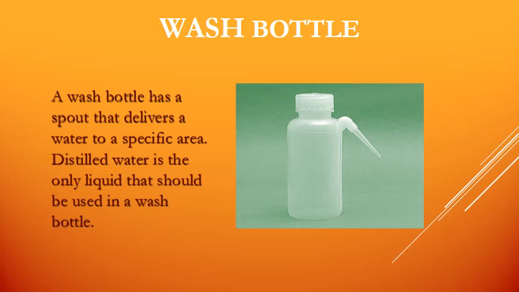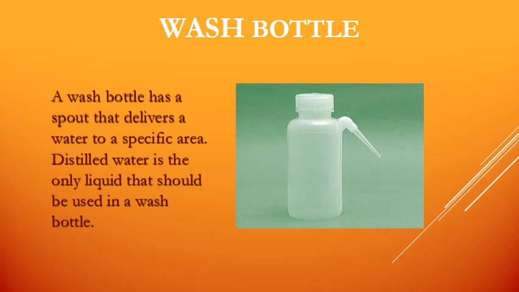A wash bottle. It's also called a distilled water bottle. It's usually made of plastic. Here we keep distilled water, and we use this distilled water during chemical reactions. Whenever we want to prepare a solution for an experiment in the lab, we cannot use tap water, because tap water contains dissolved minerals.